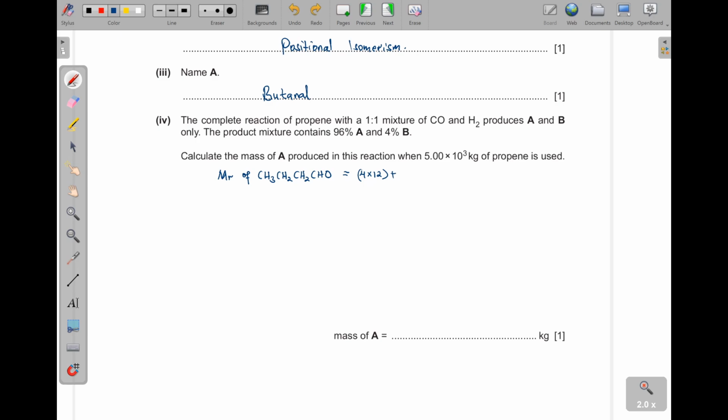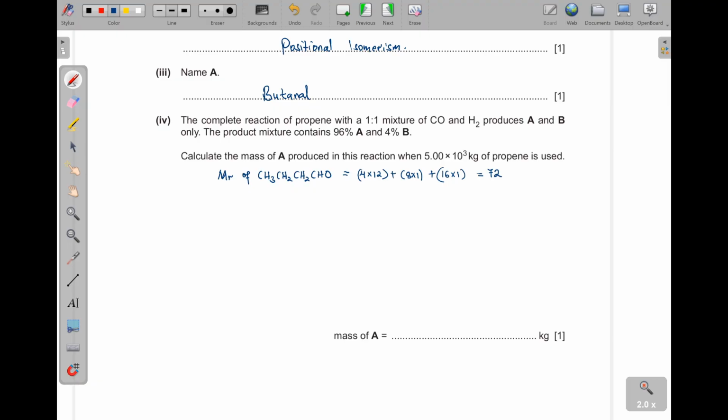So 8 times 1, and then plus oxygen, of course it is 1, so times 16. So I have 8 plus 16, that is 24. 24 plus 48 gives us 72. Okay, now this means that 72 grams of butanal contain 1 mole.